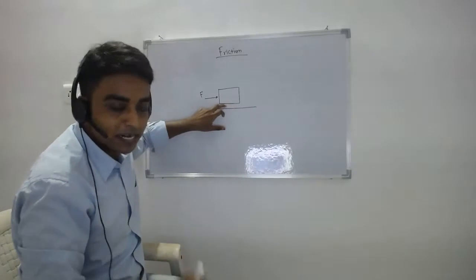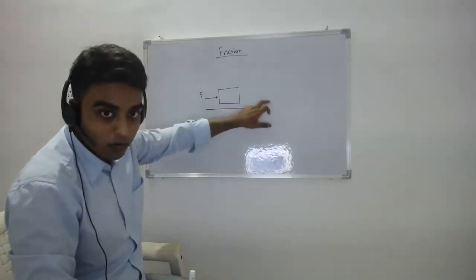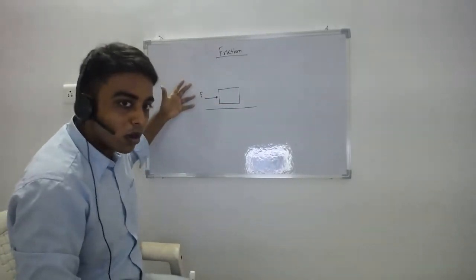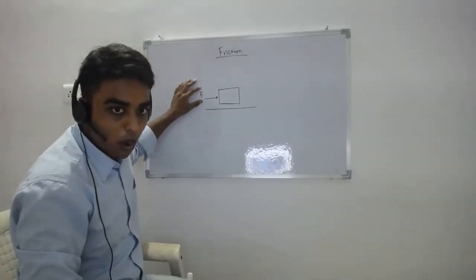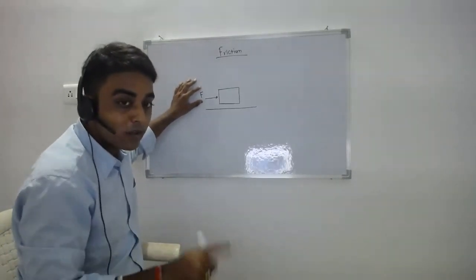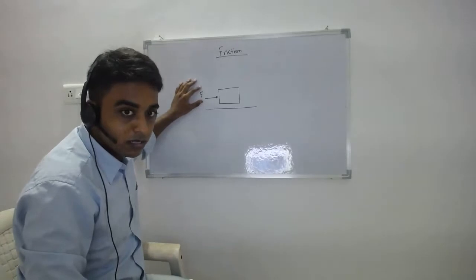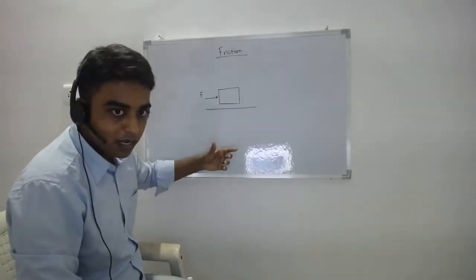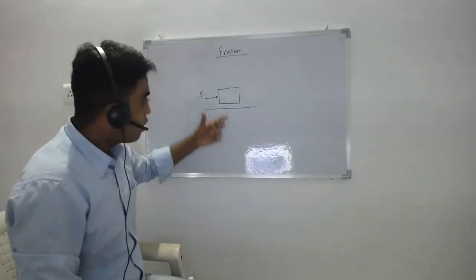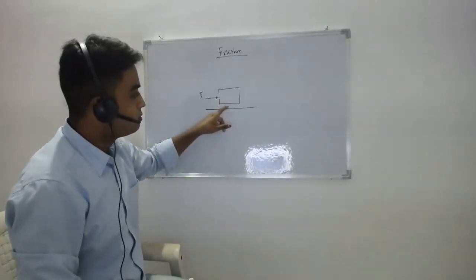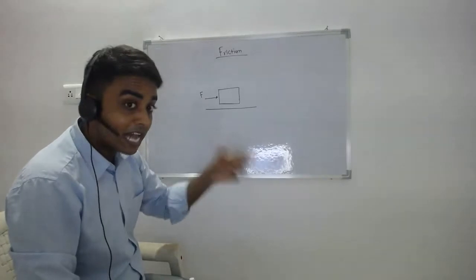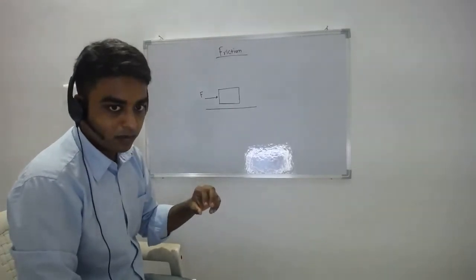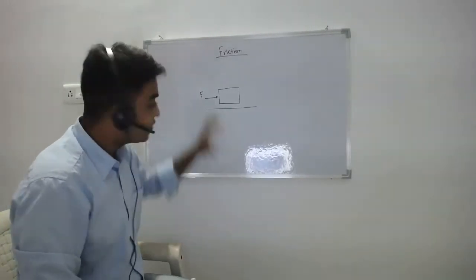Two possibilities are there: this surface can move or it cannot move. It depends on this external force, how much force you are applying on this object. Let's say we are applying a small force, for instance, and we assume that the surface of the block is not moving, but it has a tendency to move forward. So here friction will be active.